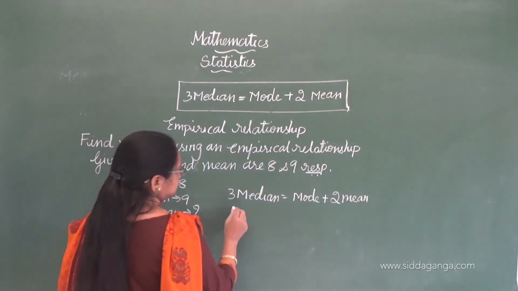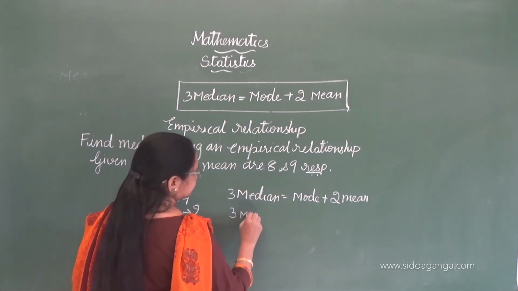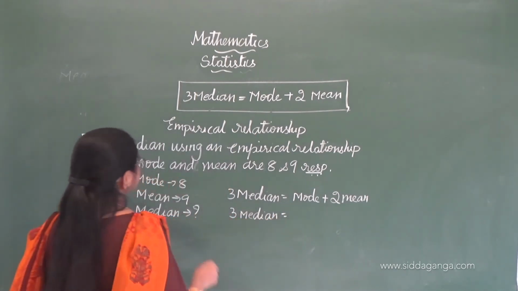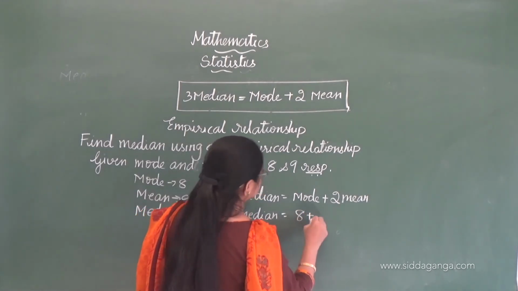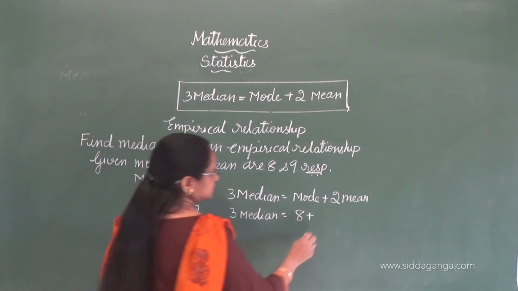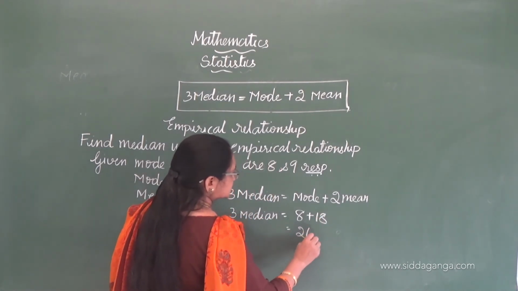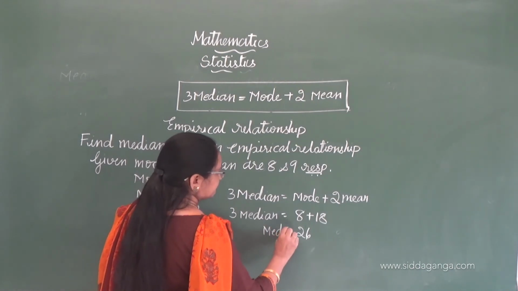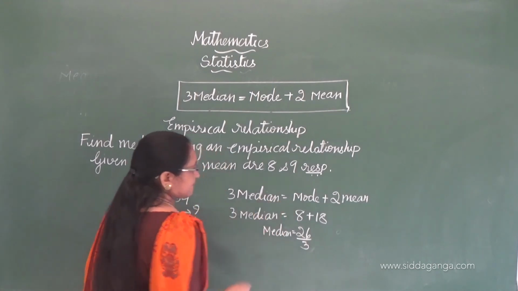3 median we don't know, is equal to mode, which is 8, plus 2 times 9, which is 18. So 3 median is 26. So median is equal to 26 divided by 3.